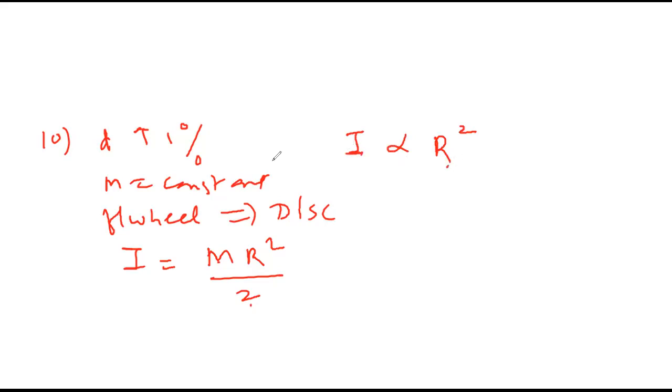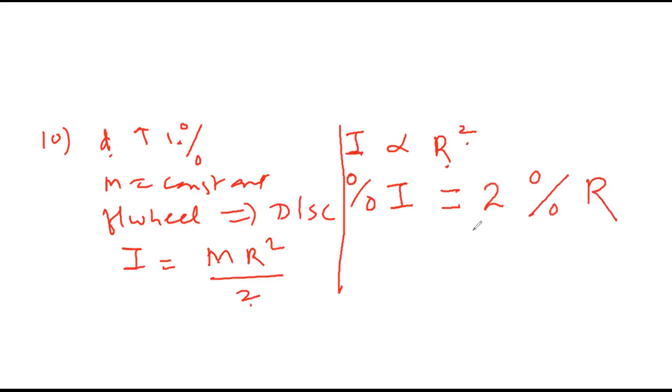R and diameter are proportional to each other. So if diameter increases by 1%, R will also increase by 1%. So percentage increase in I is equal to 2 times the percentage increase in R, as the power becomes the multiplier. This is from our measurement chapter. R means diameter, same. So it is equal to 2%.